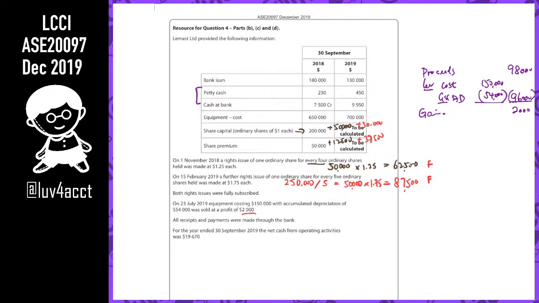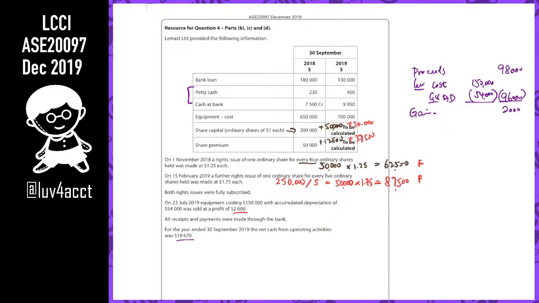All receipts and payments were made through the bank. And then for the year ended 30th September, the net cash from operating activities is given to you, 19,670. So we do not have to calculate the first part of the statement of cash flows. So what else is in here?